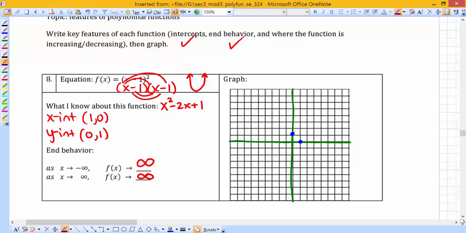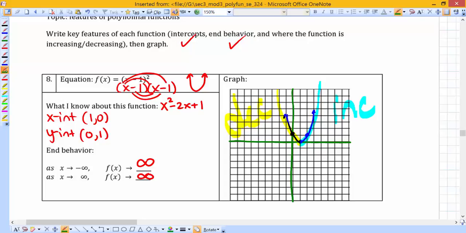We did this in 3.3's RSG. When there is one x-intercept, it is your vertex. So I can find this guy's friend on the other side. And there is my parabola. So this is the side that is decreasing. The right side is increasing.